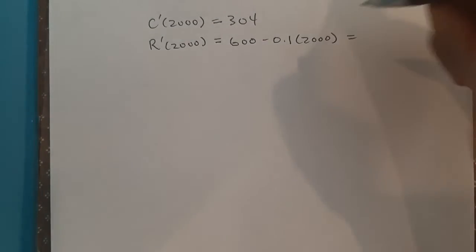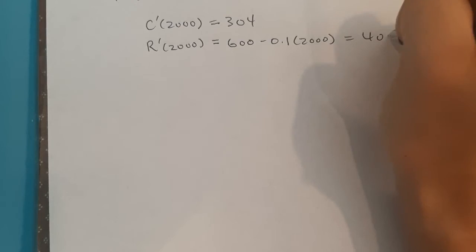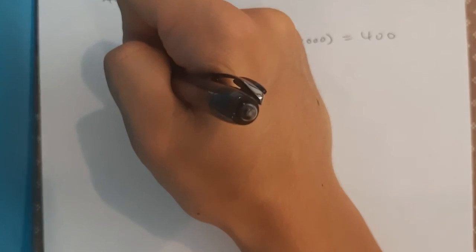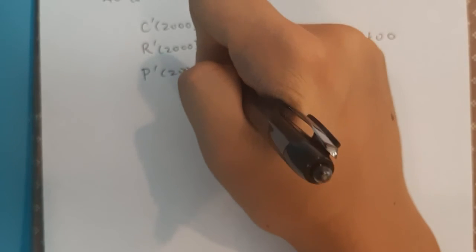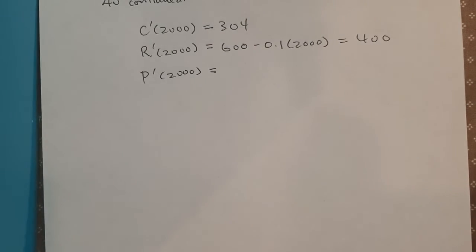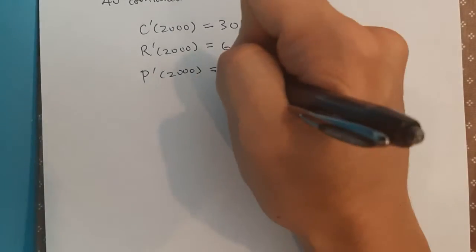So that is going to be 600 minus 200, which is 400. And then we also have P prime of 2000. So that is going to be 200 minus 0.04 times 2000 minus 0.000006 times 2000 squared. That is going to be 96.